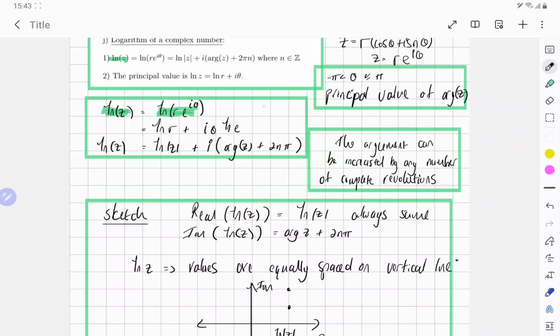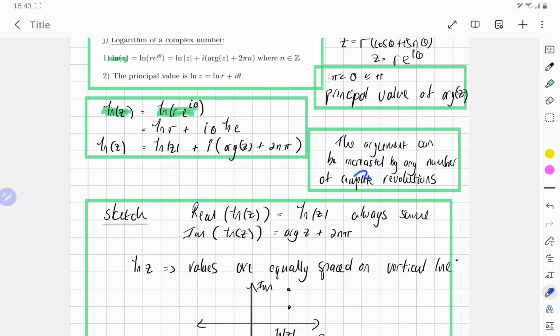Using again our ln law, ln e to the m is m ln e, and recall that ln e is 1. So now theta is the argument of z plus 2n pi.